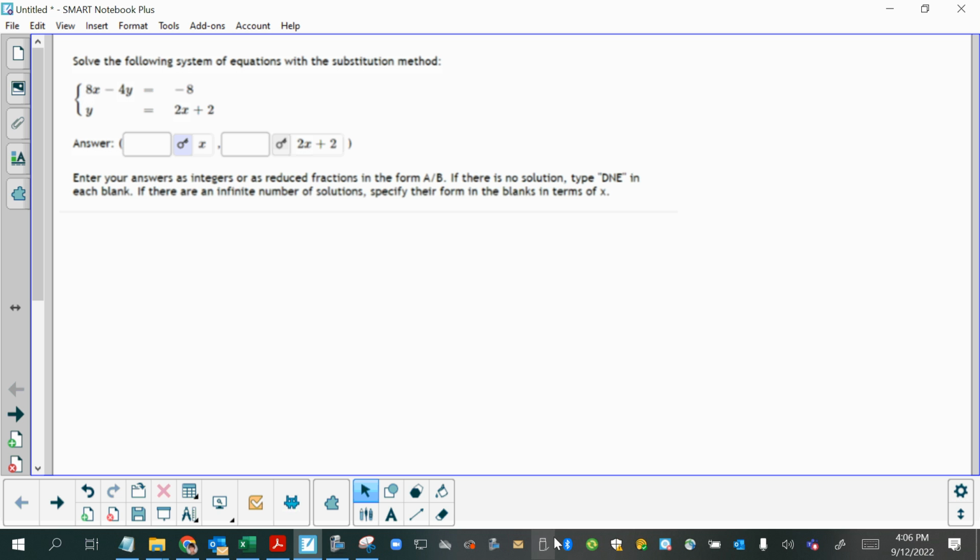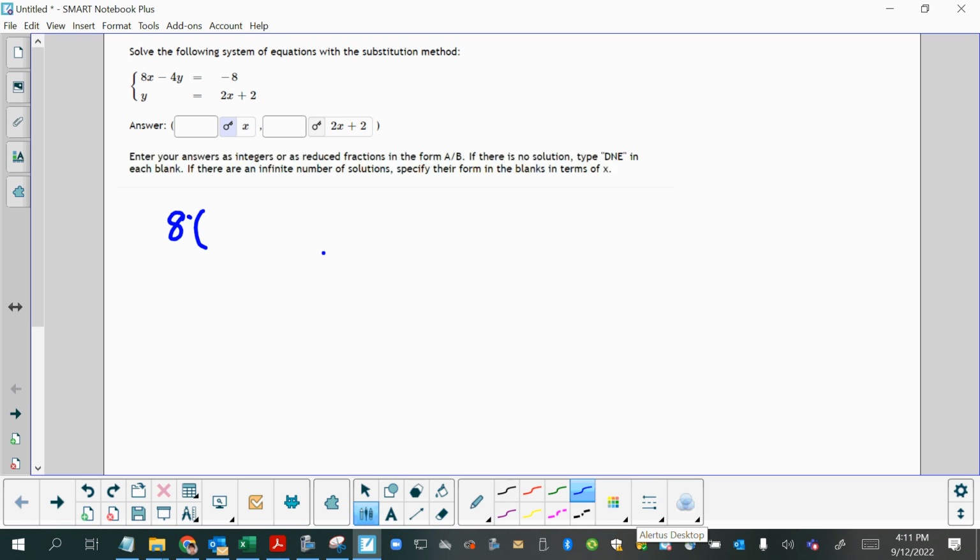Okay, now when I go to solve this system, what I see is that the second equation is solved for y. Because that second equation is solved for y, I can replace the y in the equation with the expression that is equivalent to y.